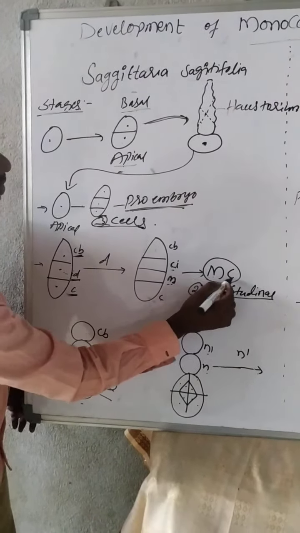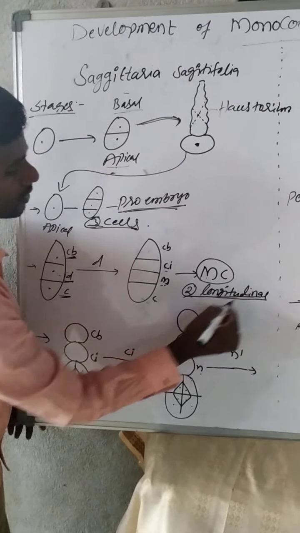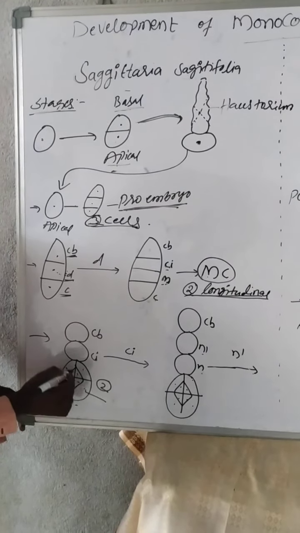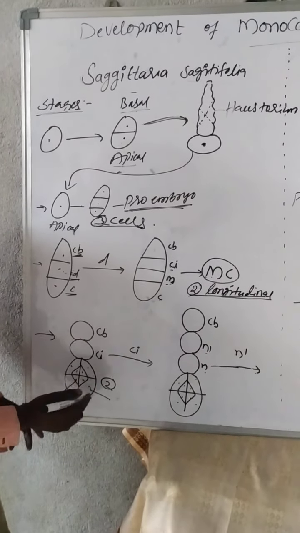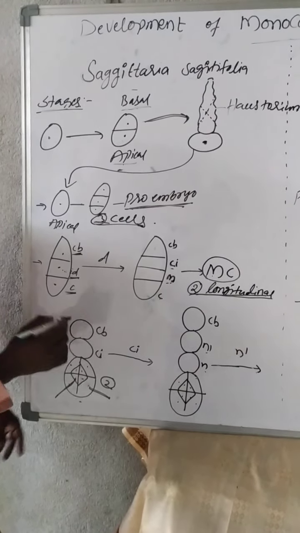So the two cells undergo two longitudinal divisions and form these 8 cells, again in two rows, outer row and inner row.